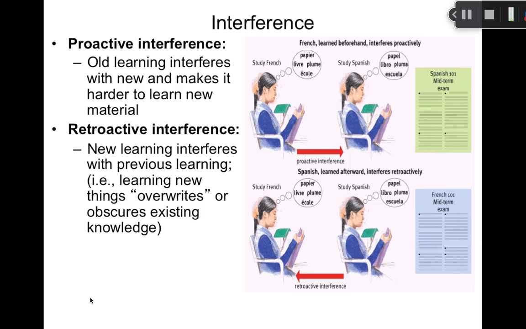So proactive interference: old learning interferes with new and makes it harder to learn new material. So this person studied French, now they're studying Spanish. So now the learning that they've done when they learned French is interfering with their ability to recall the learning that they're doing now in Spanish. And retroactive interference is just the opposite. That's when the learning that we're doing now interferes with our ability to recall existing knowledge.